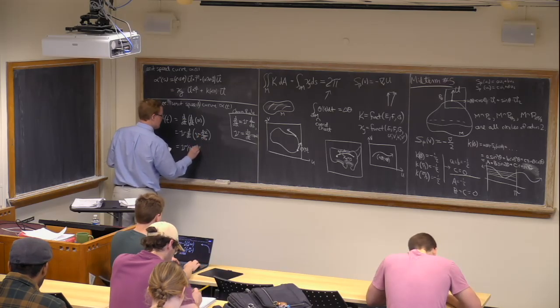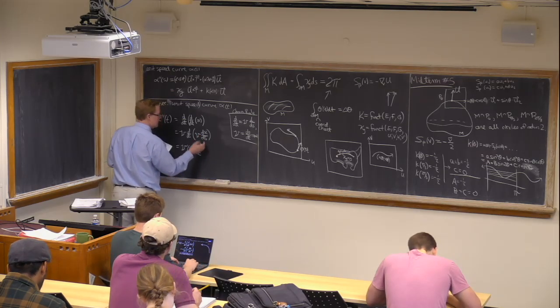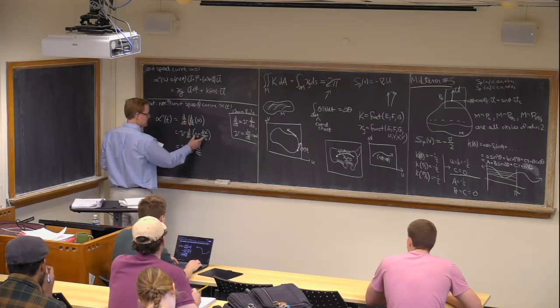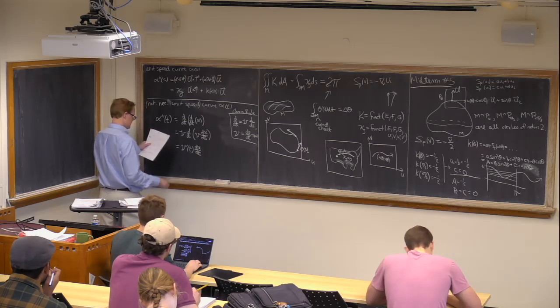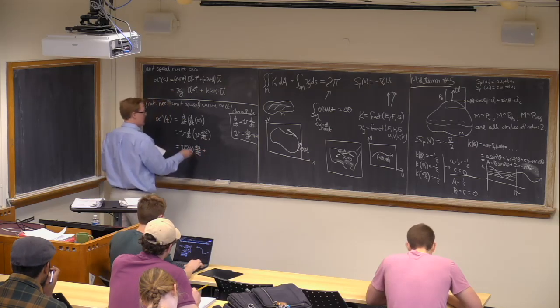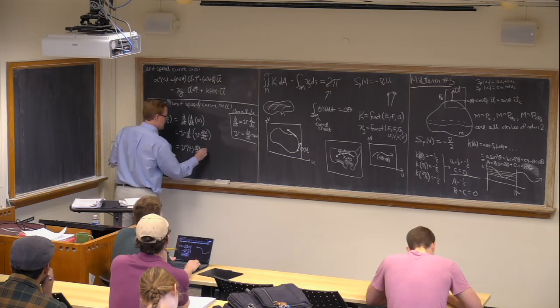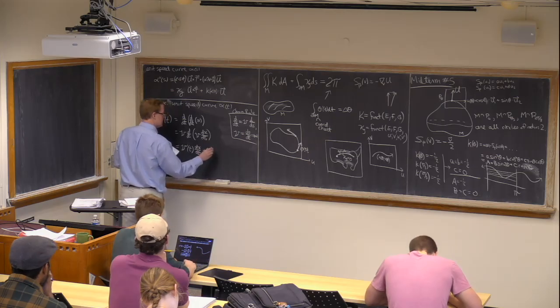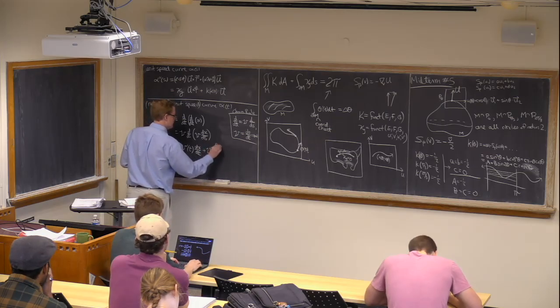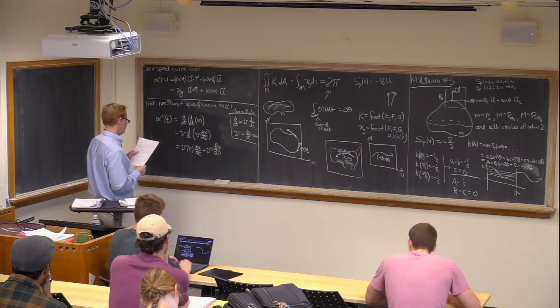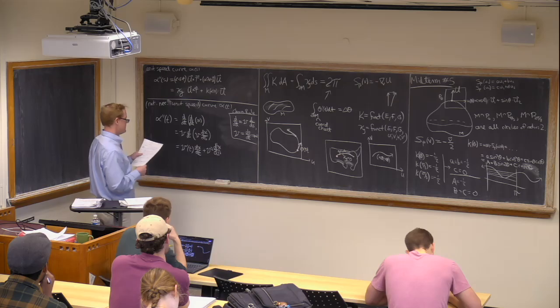So I'm going to say times d alpha/dt. Okay, and for doing the chain rule, I actually went back to this. This was a d/dt, that's a d/dt, and so I get that for the first term. Plus, now I'm going to take the d/ds and apply it to the second term here. And so what I have is nu squared times the second derivative of alpha with respect to s. Any questions so far?